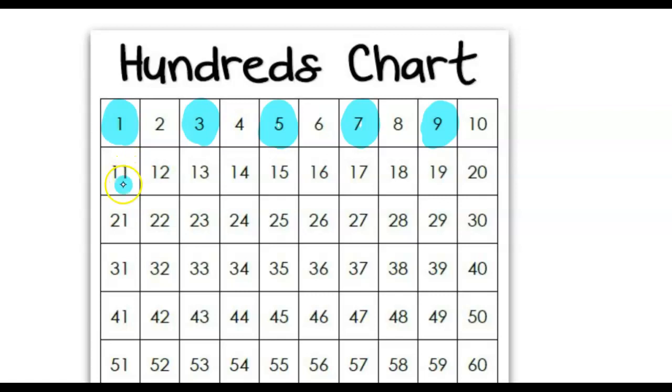So if we keep going, 11 is an odd number, 13, 15, 17, and 19. Can you see the pattern? Our odd numbers end with a 1, 3, 5, 7, or 9. You could keep going on this chart and fill in all the odd numbers.